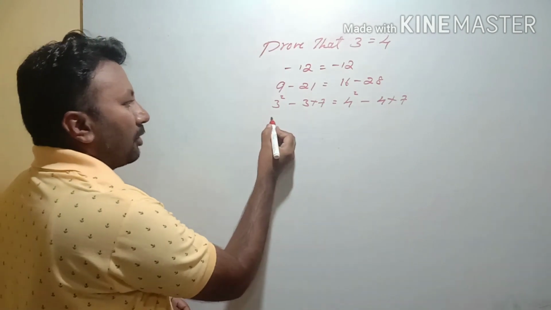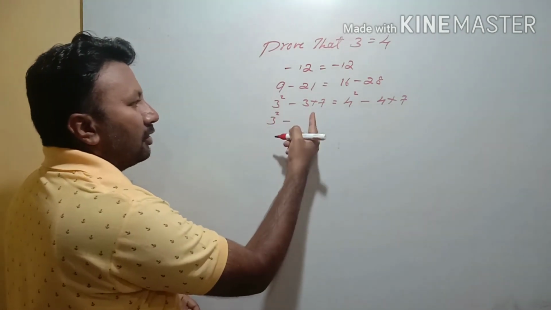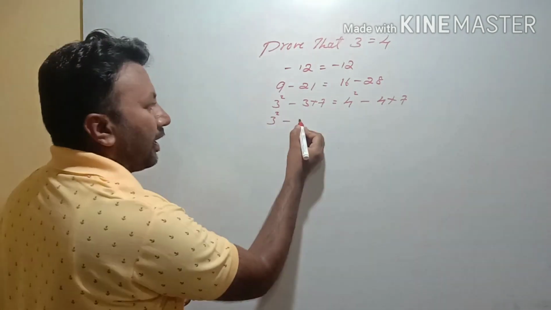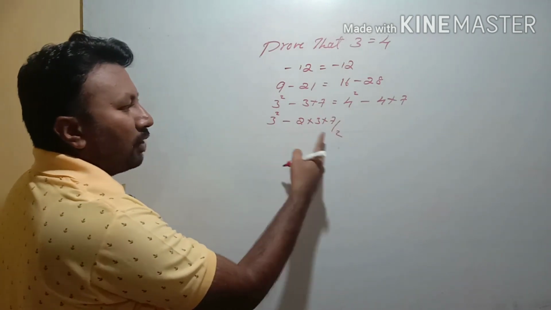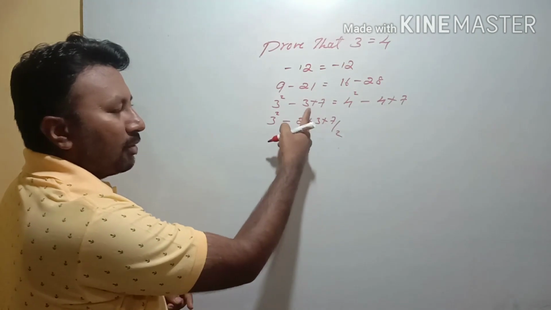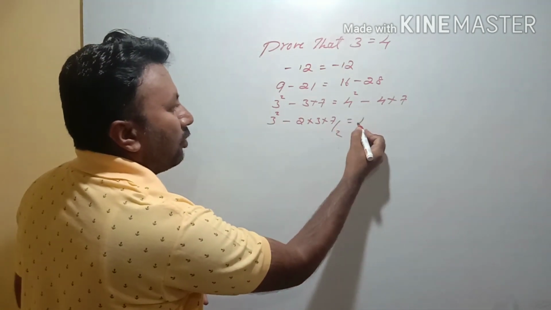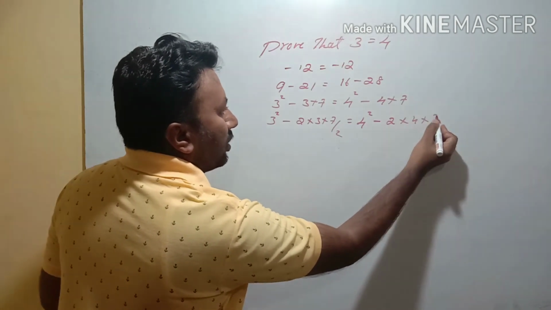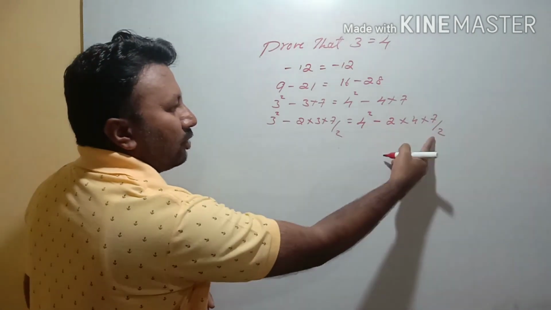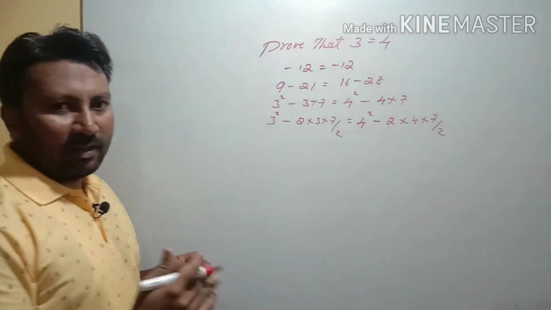Okay, now next step, 3 square minus this 3 into 7 can be written as 2 into 3 into 7 by 2. If 2 and 2 get cancelled, 3 into 7 remains as it is. And again 4 square minus 2 into 4 into 7 by 2. If 2 and 2 get cancelled, 4 into 7 remains as it is.